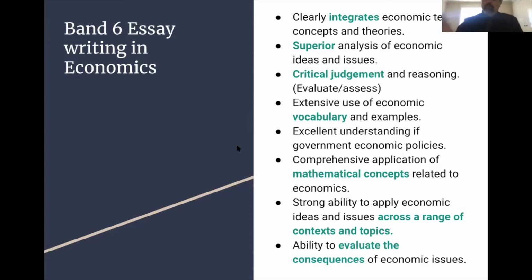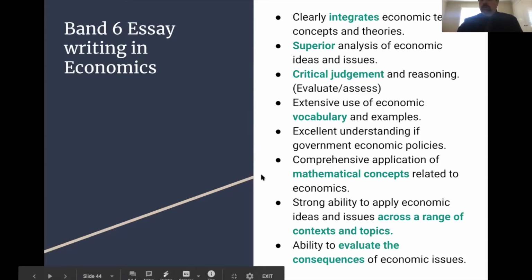Vocab examples, economic policies, it's a given. So you really have to drill down on your macro, micro and labour, and how those policies affect and impact upon the issues, and even global issues as well. Mathematical concepts, obviously we've looked at some calculations. Then this notion of across topics.